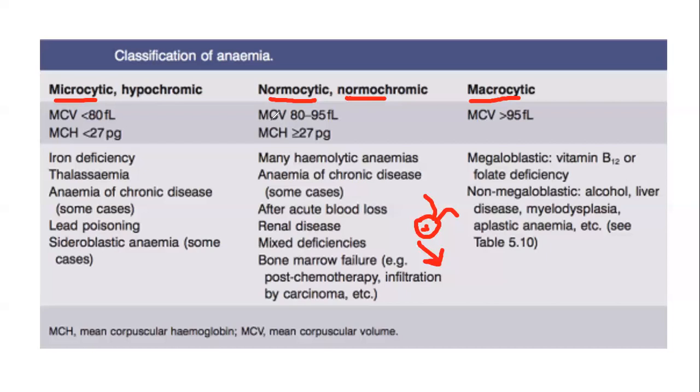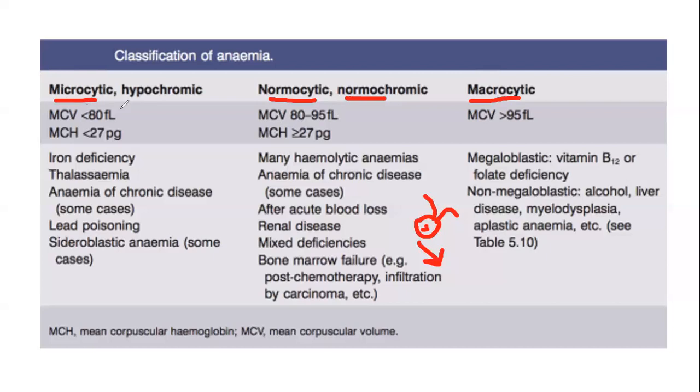Normal MCV is 80 to 95. If it is more than 95, it means the cell is bigger. If it is less than 80, we call the cell small, microcytic.